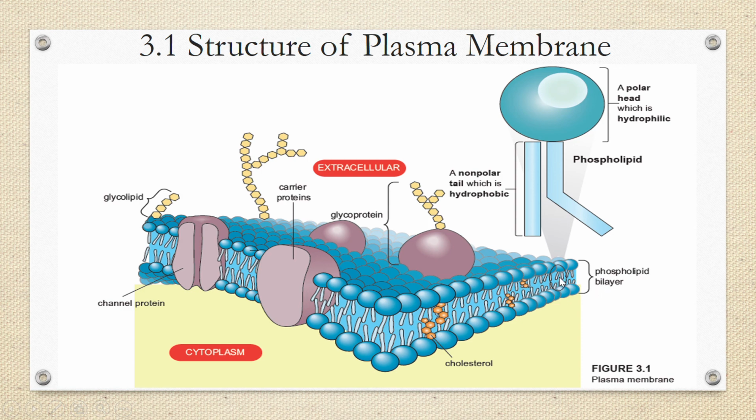You get to see the tails here facing one another, and then the head faces the inner side of the cell, that is the cytoplasm. Another head over here, which likes water, faces the extracellular fluid. So the tails are facing one another. They dislike water. Phospholipid bilayer: a polar head, non-polar tail.